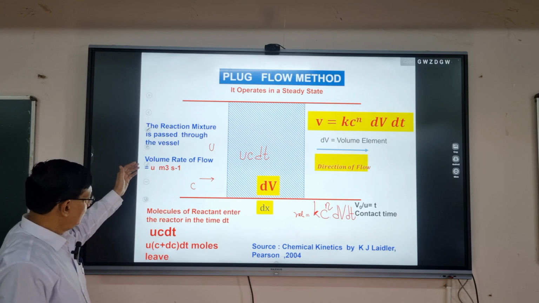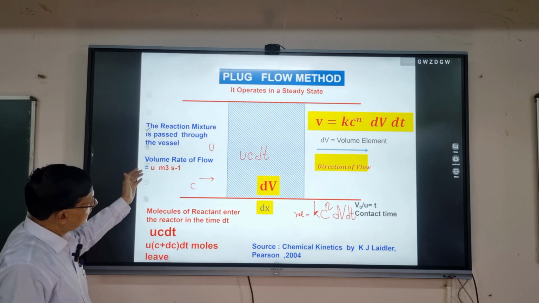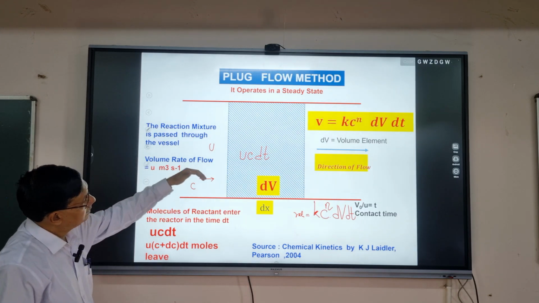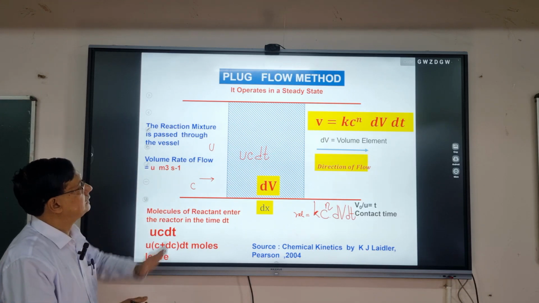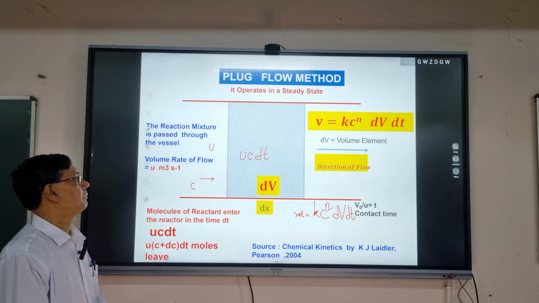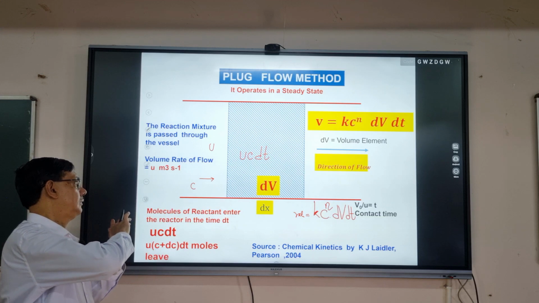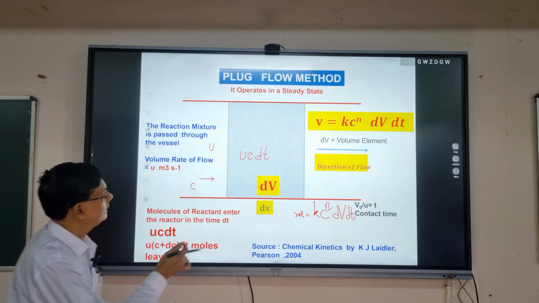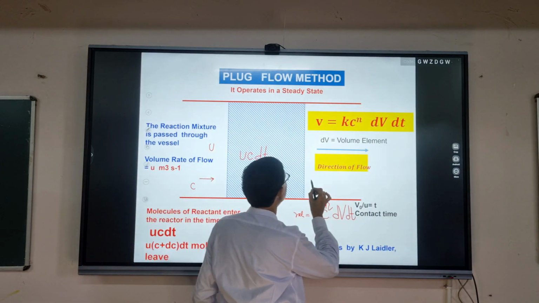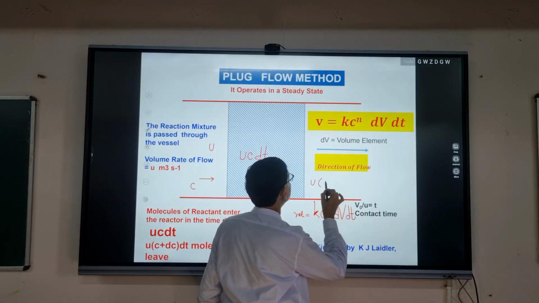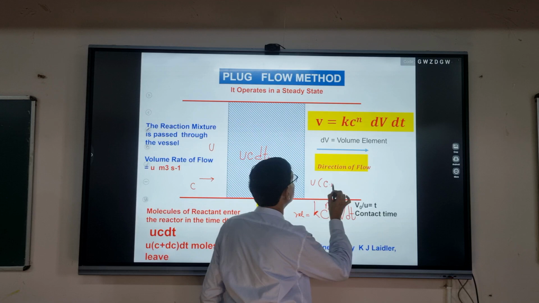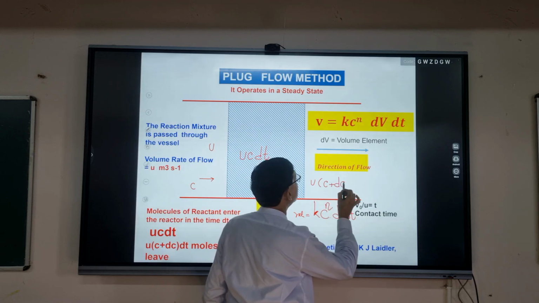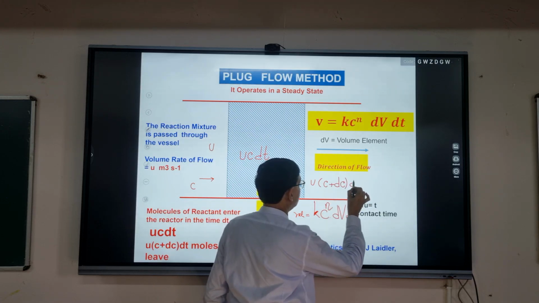When the molecules of the reactant entered this reaction vessel, it is UC dt. But when it crossed that volume element, there is a small change, and it should be U times C plus dC, small changes, and of course dt.